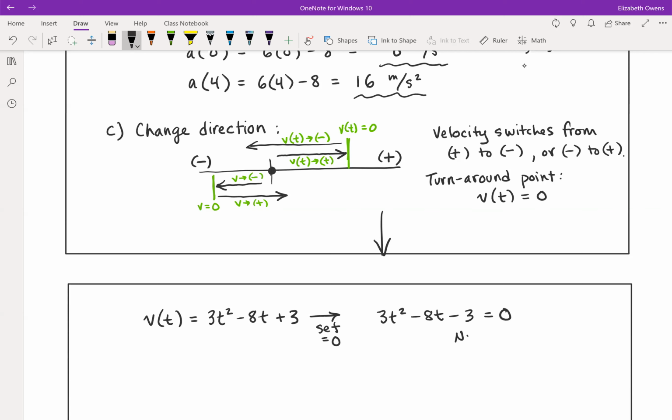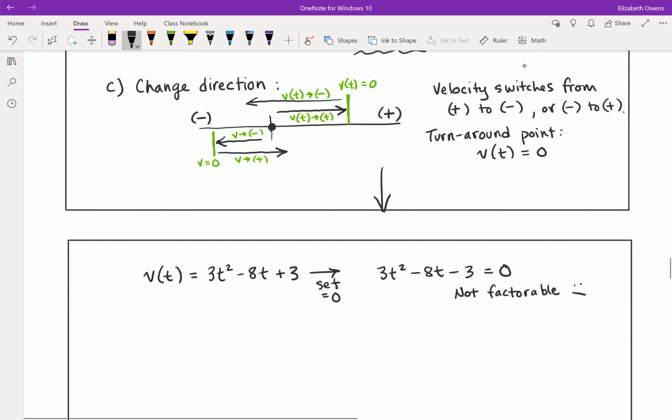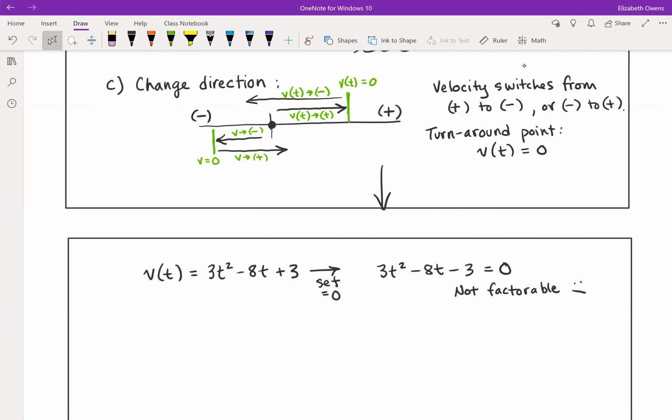Sometimes things don't always turn out the way we want them to. They don't always turn out pretty. Not factorable. But that doesn't mean that we can't solve this. We're just going to have to get a little more creative. If you can solve it on your calculator, I think that would be okay for this problem. I'll work it through using the quadratic formula, but ultimately we'll get some decimal values here.